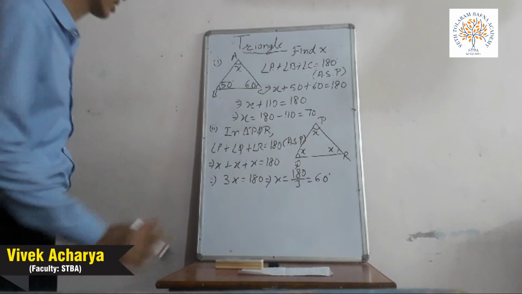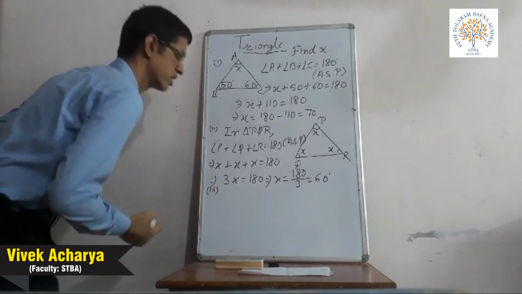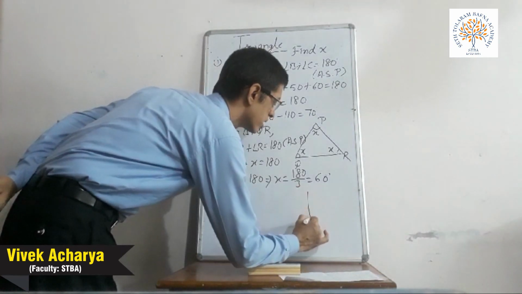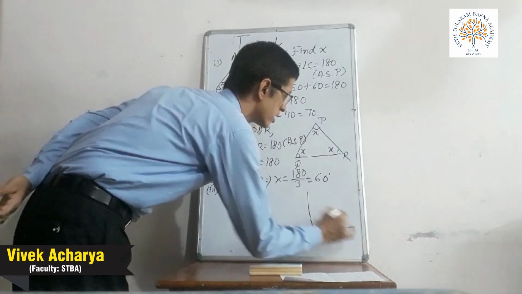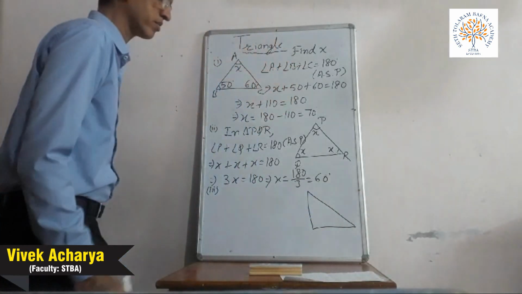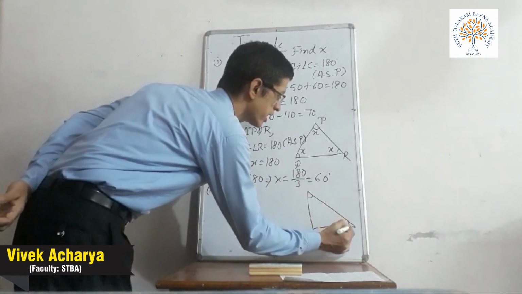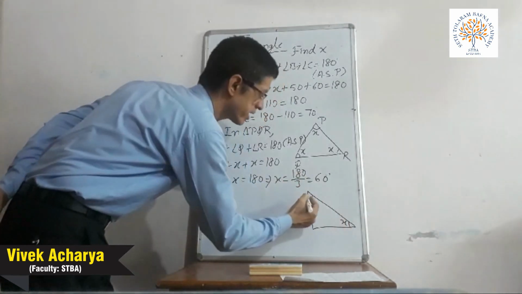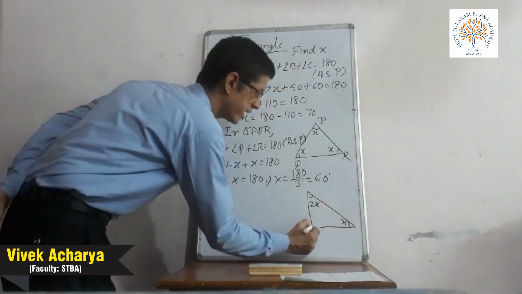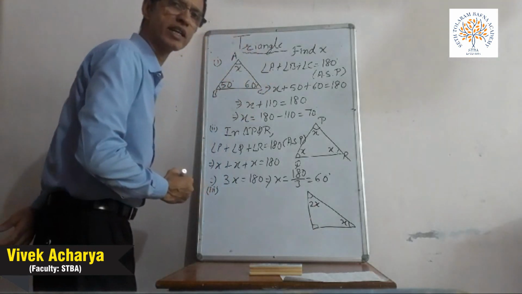Now children, if I make another figure, you can see another figure here. This one is x, this one is, for example, 2x, and this symbol shows a 90 degree angle.